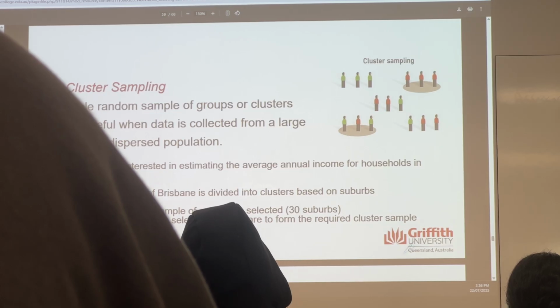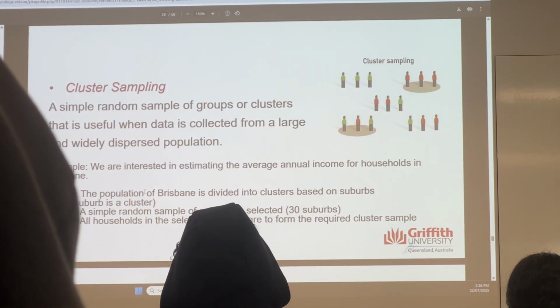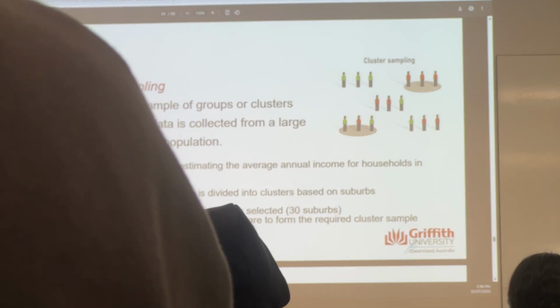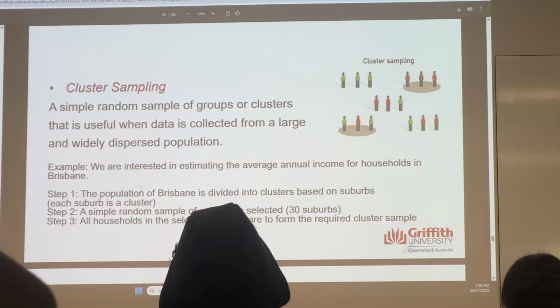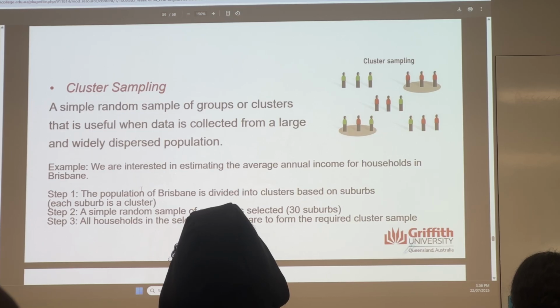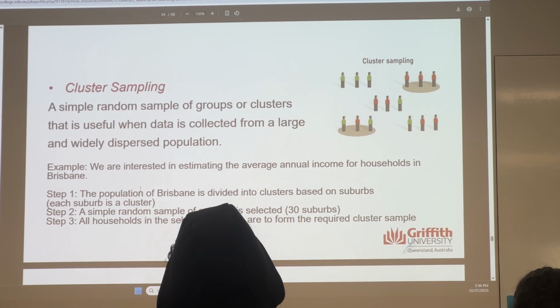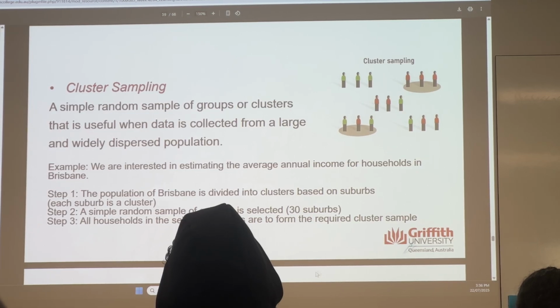Cluster sampling is the other one. Cluster sampling is used when you are collecting data in a widely dispersed population. That's why I asked, if you want to get a sample from Australia, how do you get it? The sample should represent the population, and the population is very widely spread.